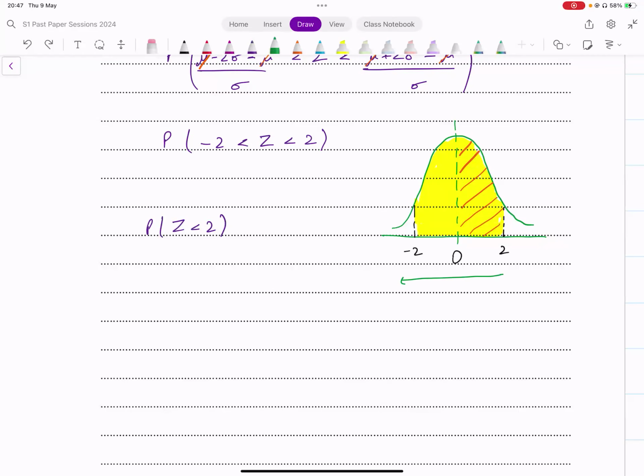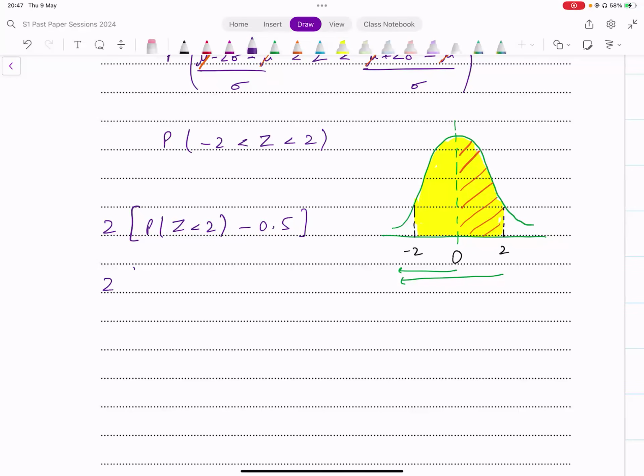Subtract from that this area to the left of 0. What's that? That's 0.5. That will give you this half area. And then you just multiply this whole thing by 2 to get the total region. Right? This would be the quickest way of doing this.